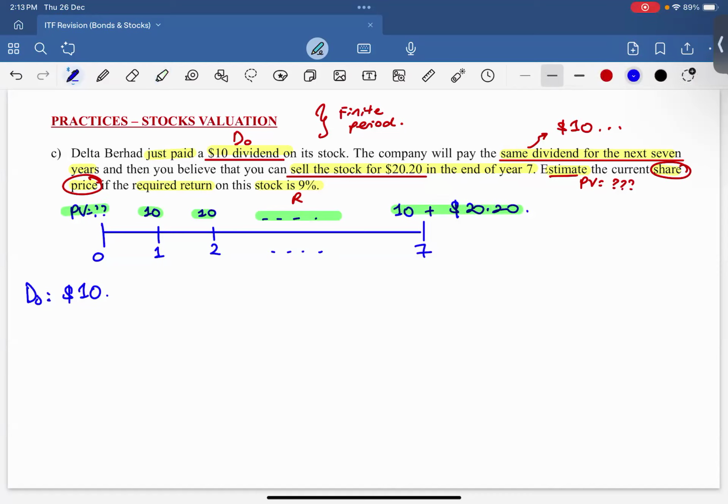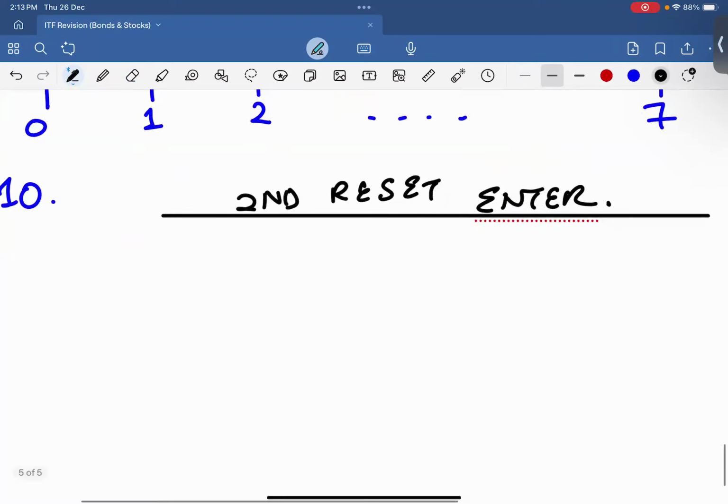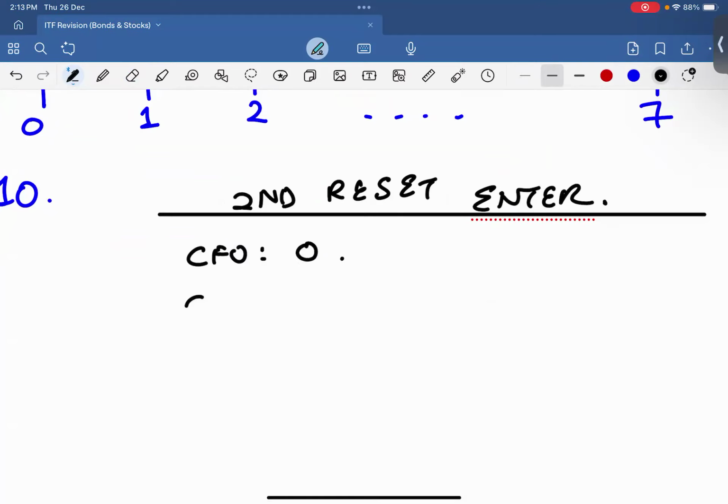So straight away, we can use the cash flow function. Second, reset, enter. Okay, and then we use the cash flow function. CF0 is 0. C01 is 10. You receive $10.